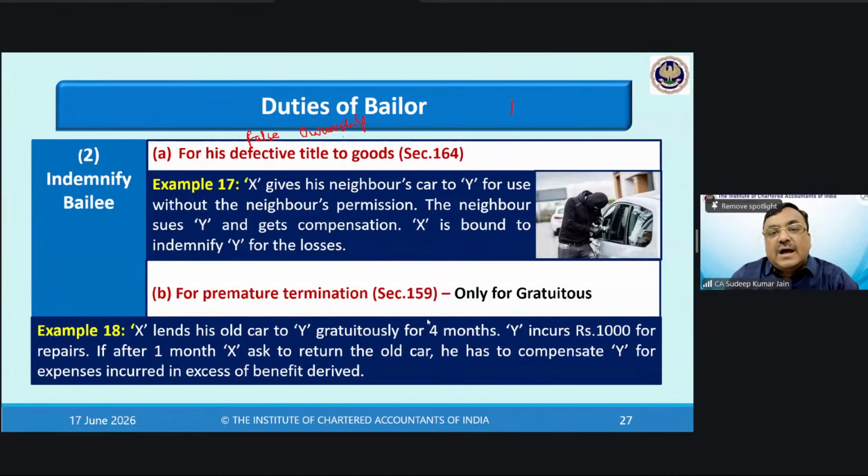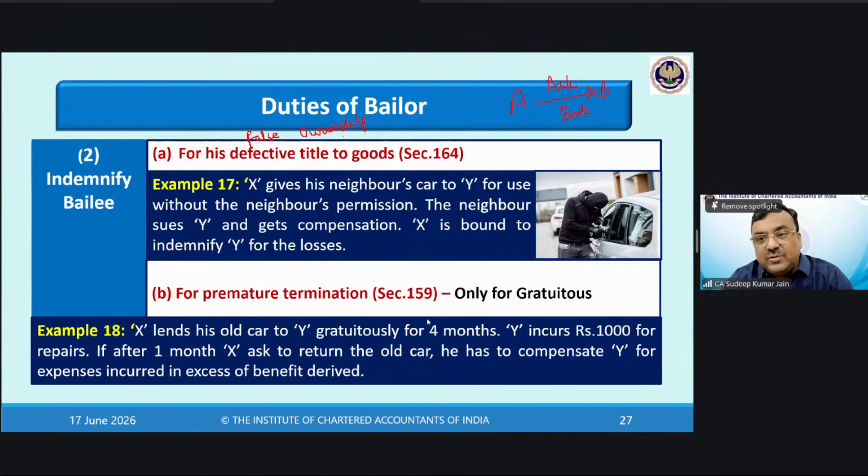Suppose A asks B for a book, for the book of mercantile law or business law. And what does B do? B picks the book of C and hands it over to A. A ने B से बुक मांगी, भैया मुझे लॉ की बुक दे दे.